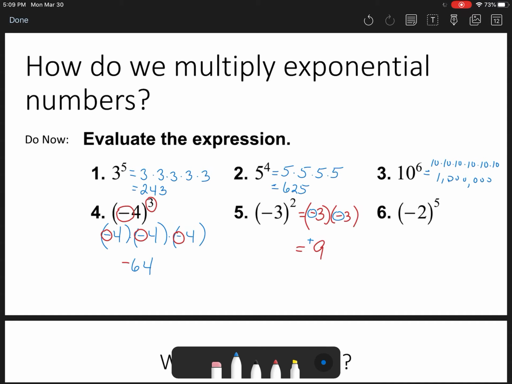If you said negative, you are correct. So we have negative 2 times negative 2 times negative 2 times negative 2 times negative 2. 1, 2, 3, 4, 5. And 2 to the 5th power is 32, and we just said before it's negative.